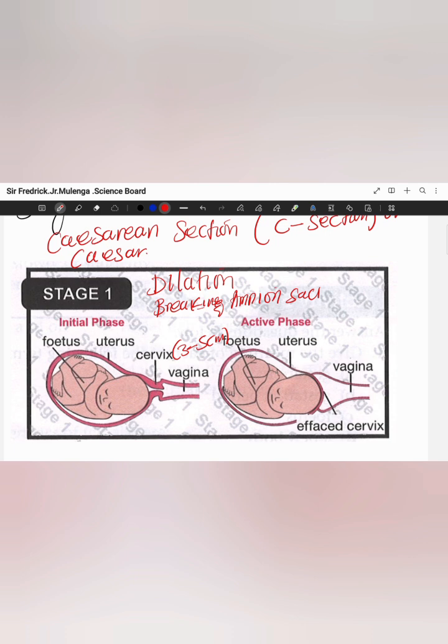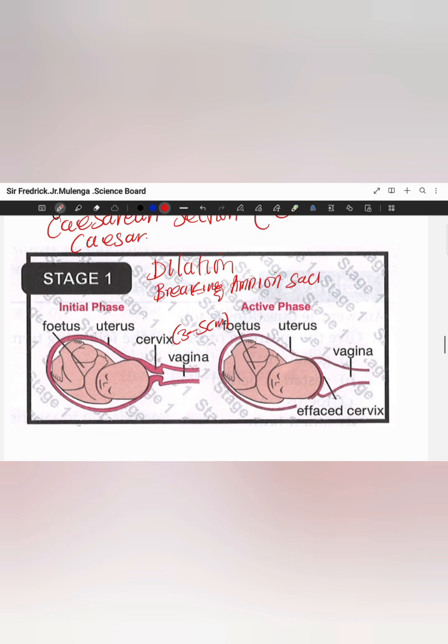Some call it the woman's water breaking, because they refer to that fluid as water. By then, it enters into the second stage.